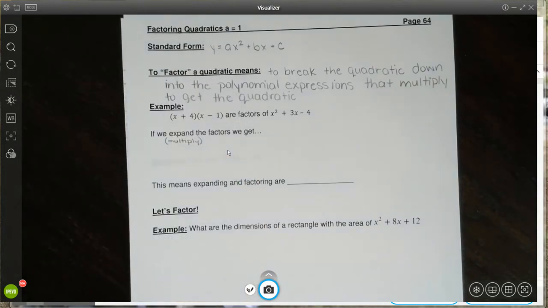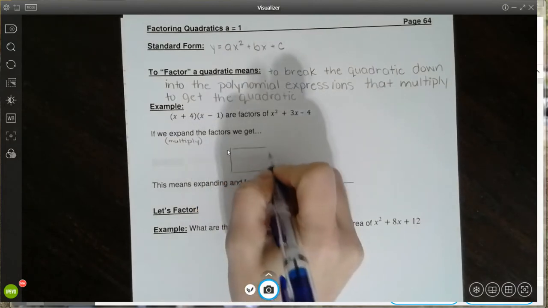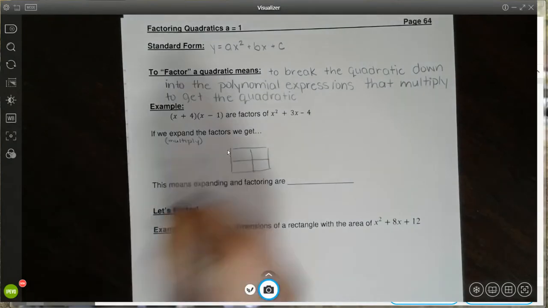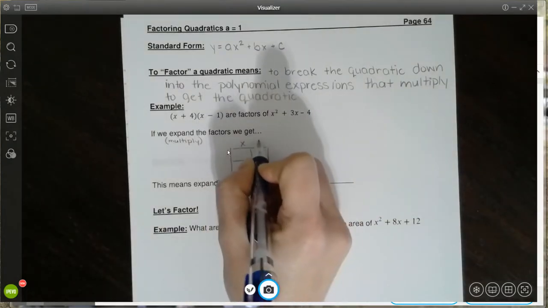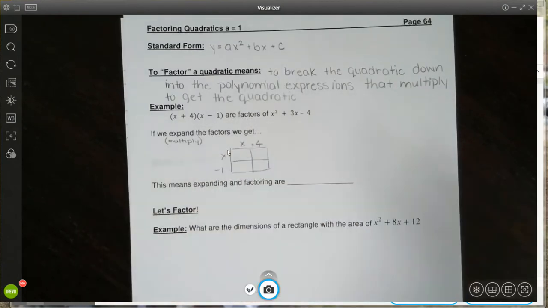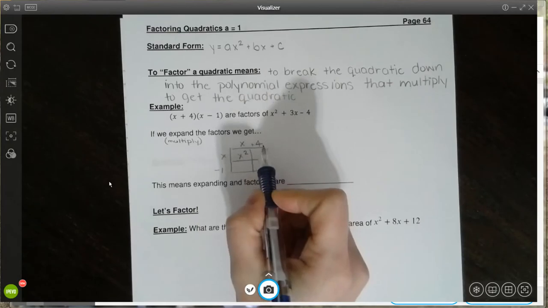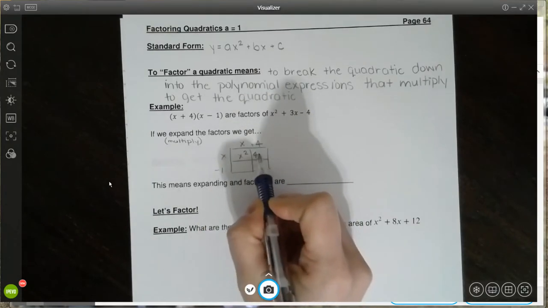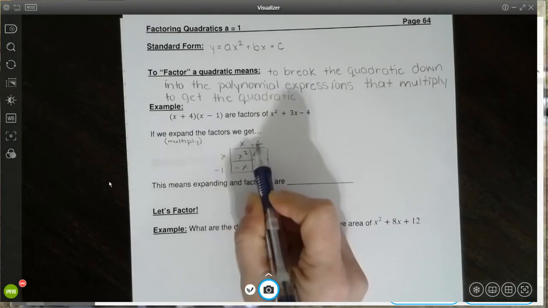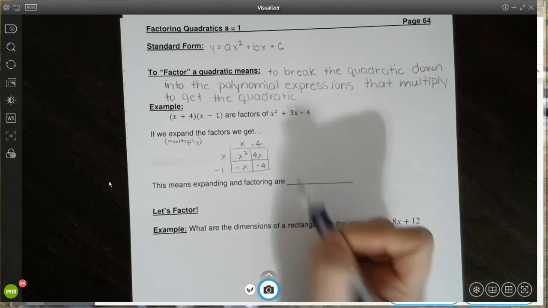if we expand those factors or multiply them together, I'm going to do the box method just like we did in our last video. I'm going to have x plus 4 and x minus 1. x times x gives me x squared. x times 4 gives me 4x. x and negative 1 gives me negative x, and then negative 1 times 4 gives me negative 4.